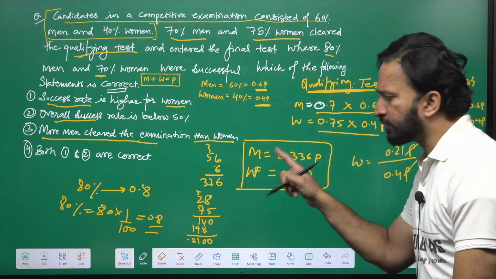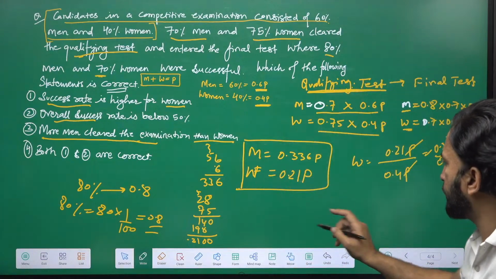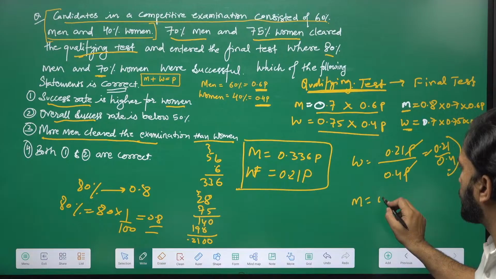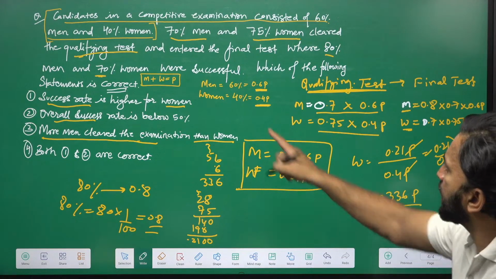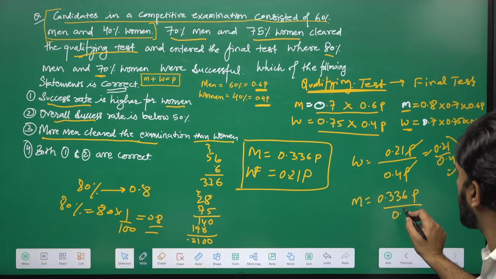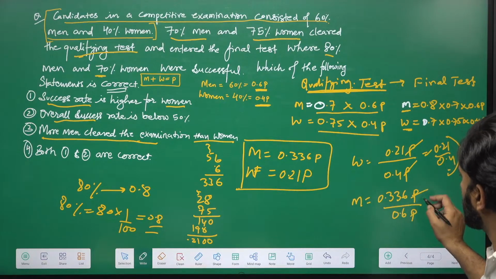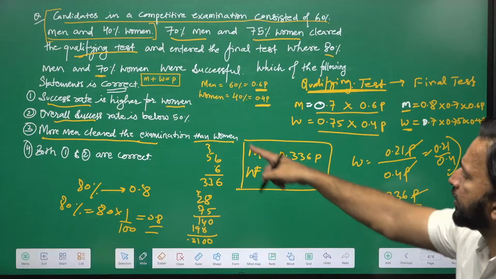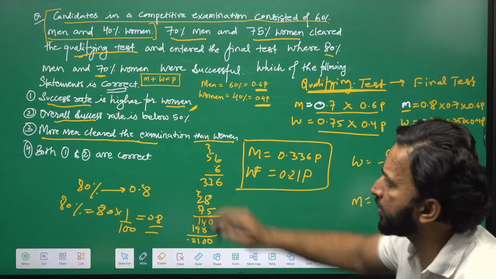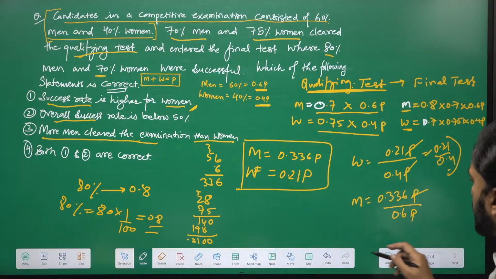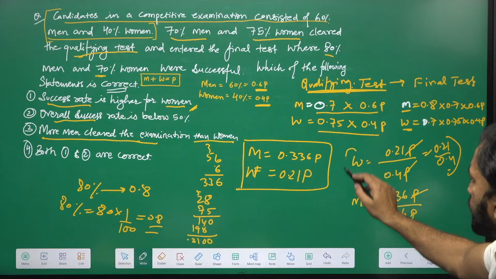So here we have to calculate the success rate for male as well. 0.336P divided by 0.6P. So here values can be calculated and it can be compared for the answer to the first statement. Second statement, the average of both will be taken up.